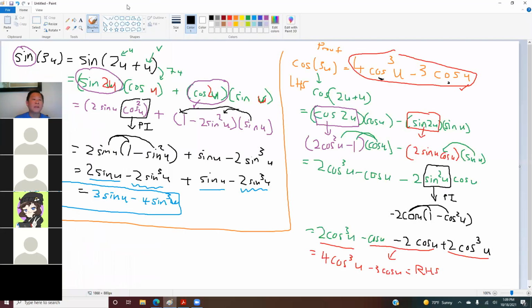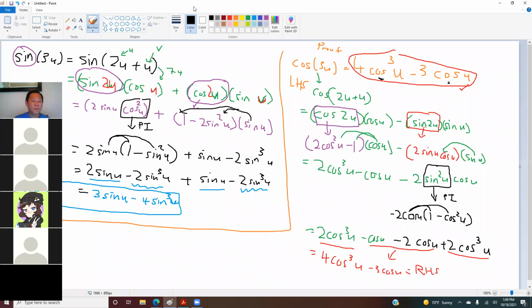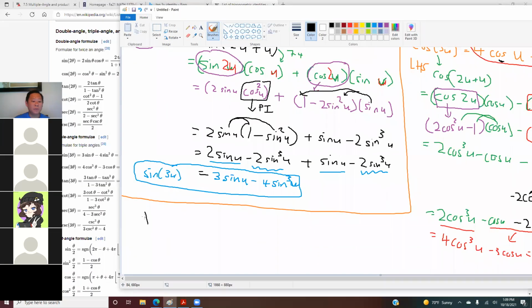So that is your homework here: prove tangent 3u is 3 tangent u minus tangent cube u over 1 minus 3 tangent square u.